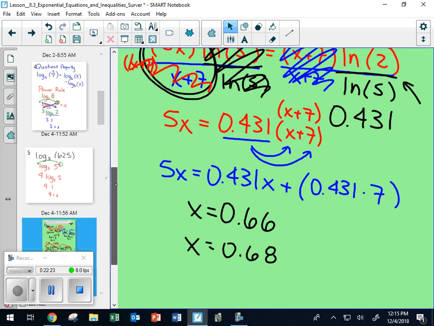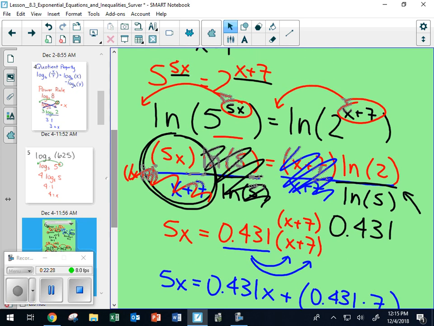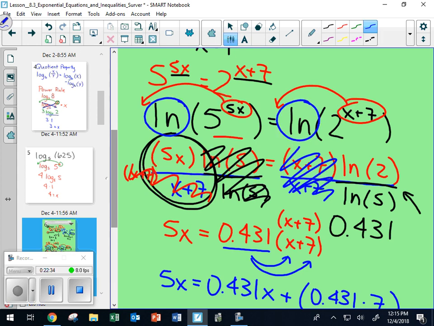Okay. The other thing that I wanted to talk about is that at the very beginning here, I used the natural log. And I've gotten a lot of questions from people saying, wait, why are we using the natural log here? Why don't we just use the log? Because it's the same thing, right?